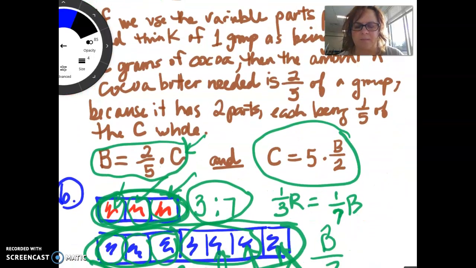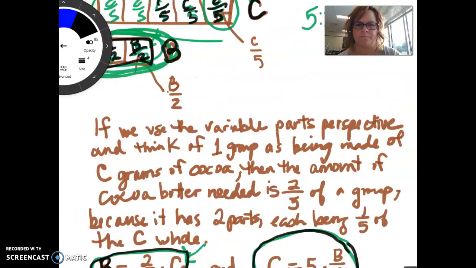And so if we were to write some equations here, we would say that to figure out the amount of cocoa butter we need to find 2/5 of the amount of cocoa that we have. To figure out the amount of cocoa we need, if we have the cocoa butter, we're going to take the cocoa butter divided by 2, and then we need 5 of those to get the amount of cocoa.